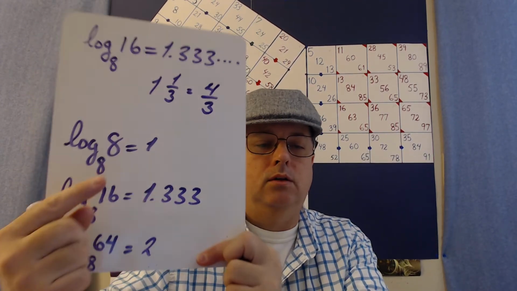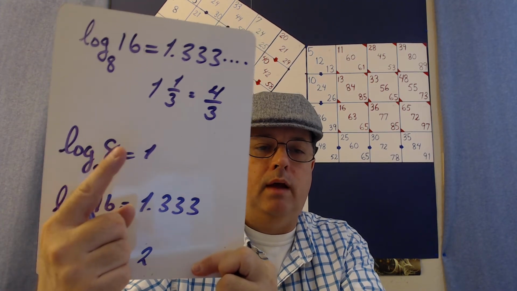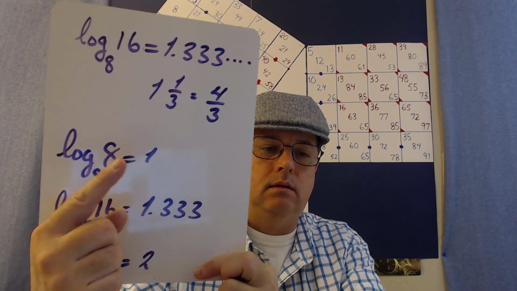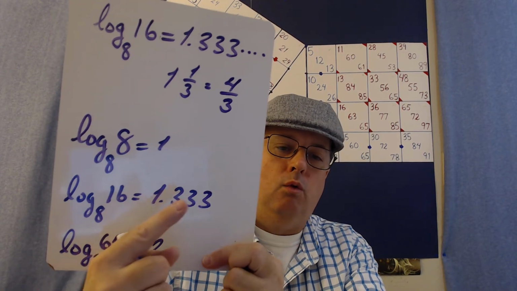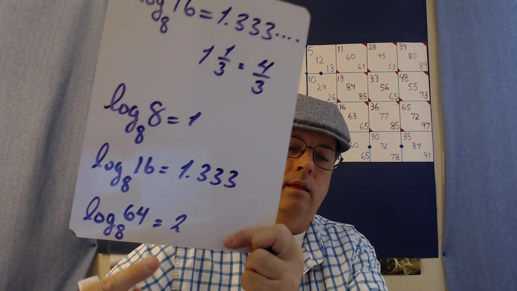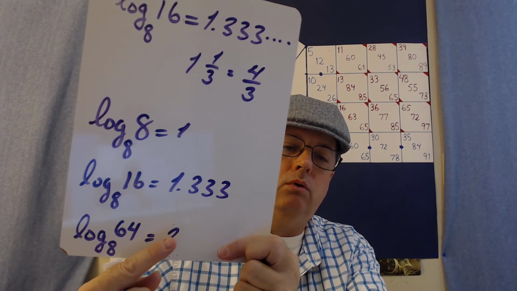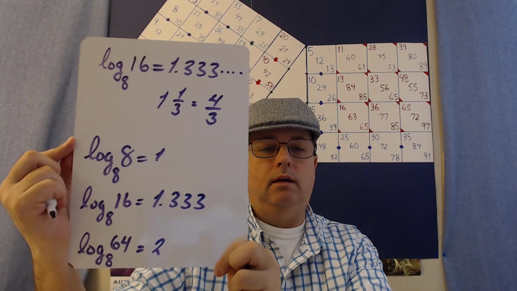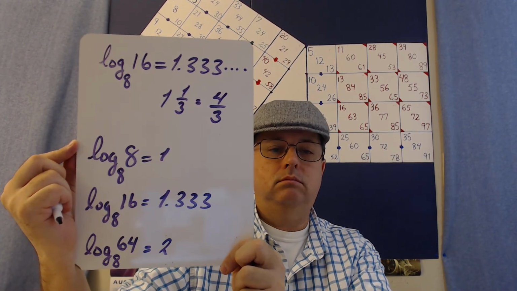So log base 8 of 8 is 1, it takes 1 eight to get us 8, 1 eight and a bit more to reach 16, and if we have two 8s, 8 times 8, that's 64. So you see this nice progression there.